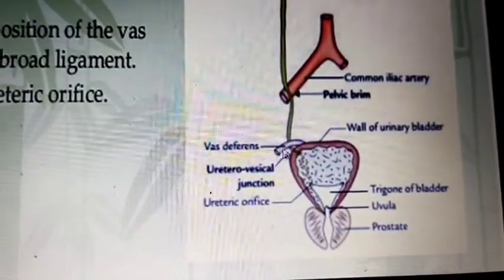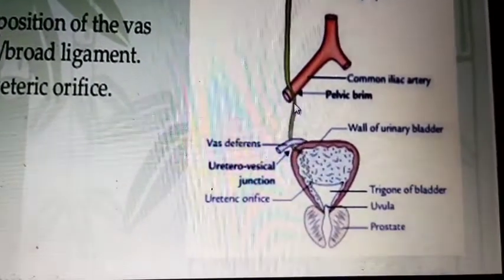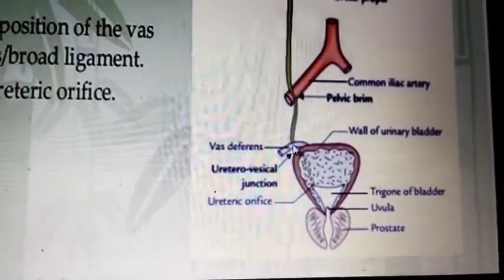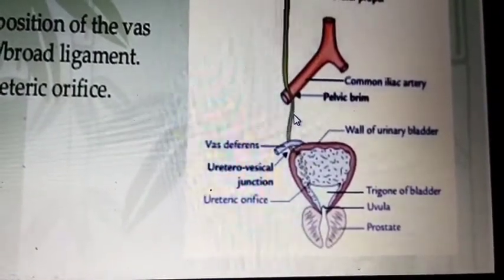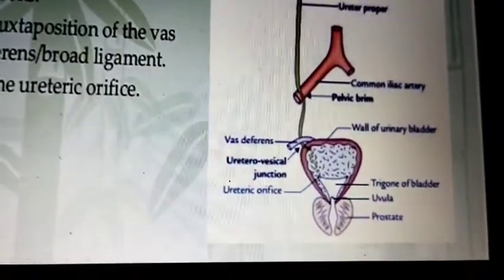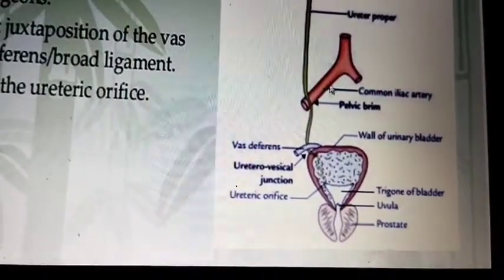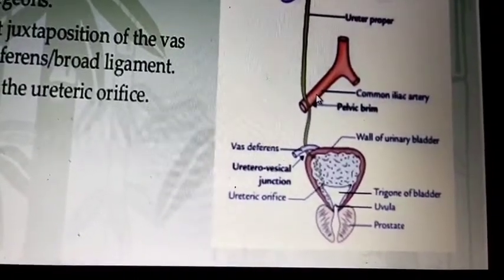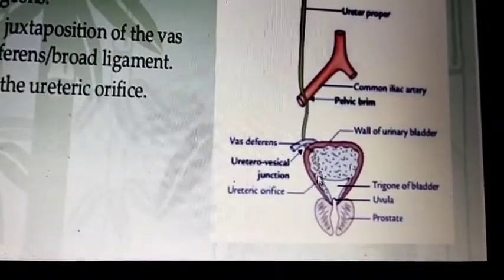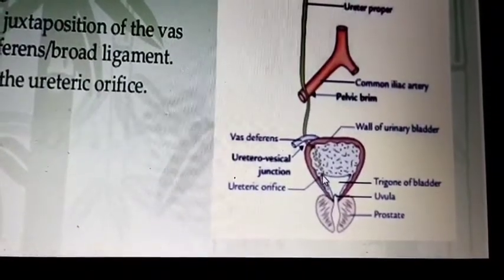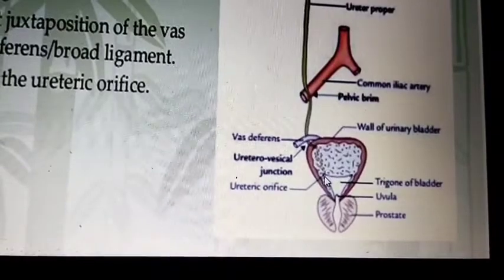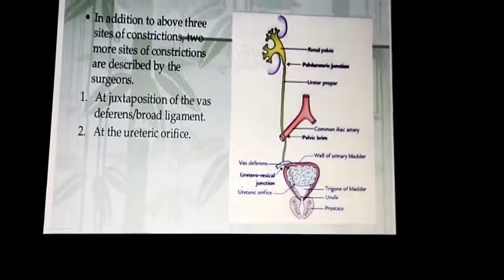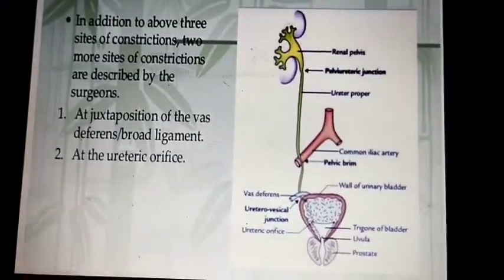This is the vas deferens that crosses the ureter, and this is another constriction of the ureter. And a further one is where the common iliac artery passes. This is the PU junction and the UV junction. These are the further 2 constrictions of the ureter.